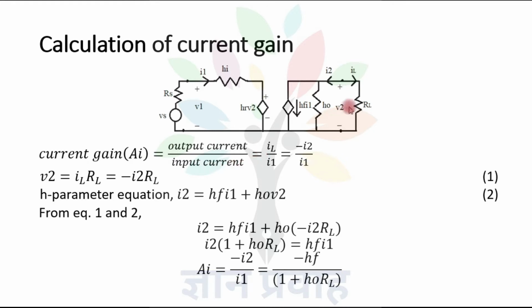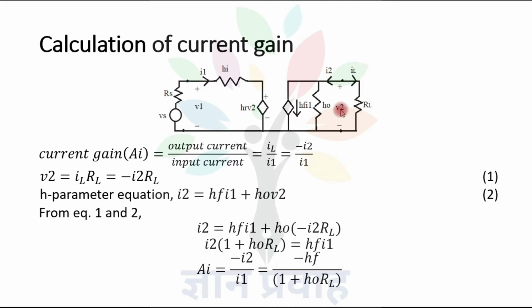The output current is the load current, divided by the input current I1, and the load current is minus I2. If we apply KCL at this point, then IL equals minus I2. So current gain, always represented by AI, equals minus I2 upon I1.